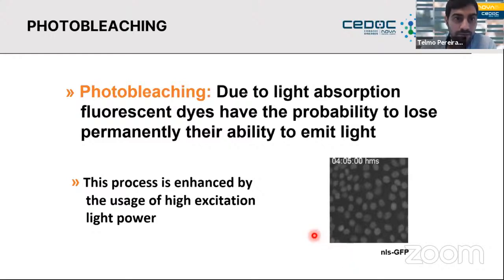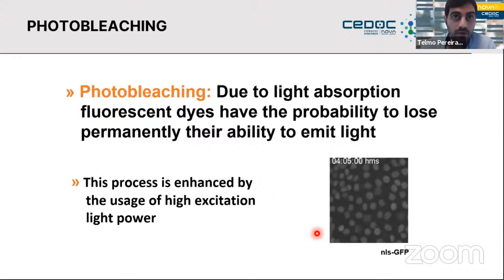So this is what we don't want. We want to follow our samples over time. We want to do our big Z-stacks, and we want to have all that information, but we don't want to lose the signal, because if the signal disappears, you lose everything.